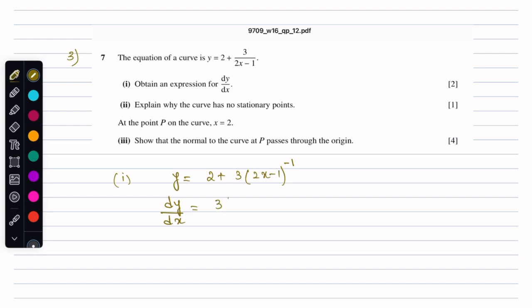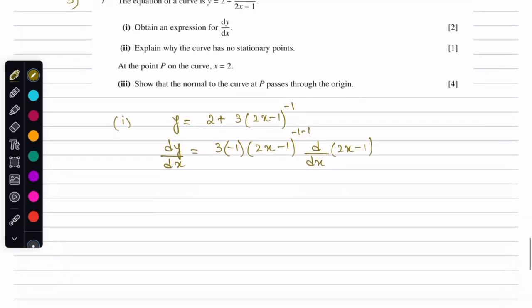Second term, 3 gets multiplied by -1. I can see that this is a composite function, so I should be solving it by the chain rule. 3 times -1, and then it should be 2x minus 1 to the power -1 and a -1. And in the second step, I shall be differentiating the function itself, which is 2x minus 1.